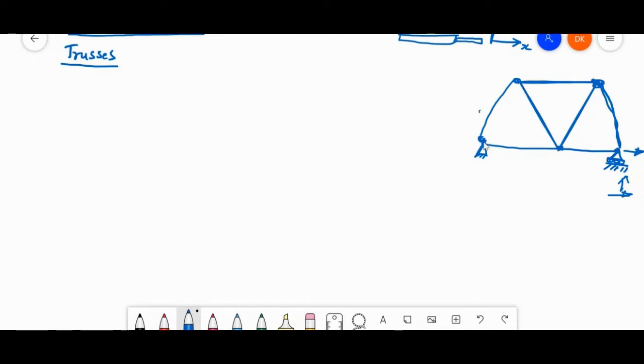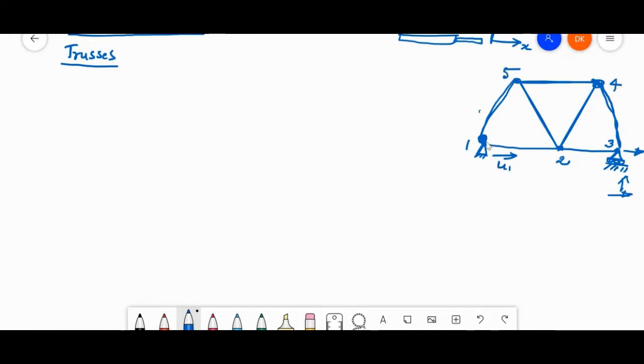To form the structure, the ends of the members are pinned together. This is node 1 and this is node 2, a pinned joint. This is node 3, joint 3, and here this is joint 4, this is joint 5.